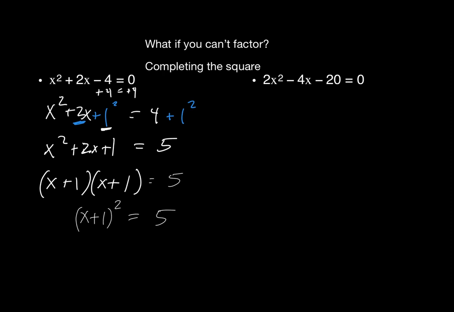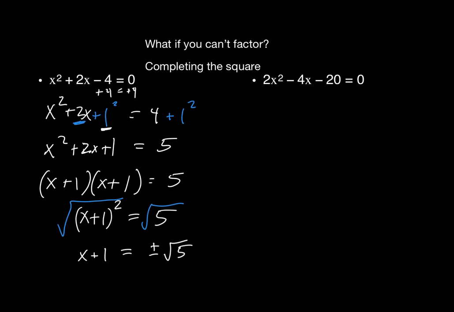If I want to solve for x, I have to get rid of the square. How do I get rid of the square? I square root both sides. On the left-hand side, the square and the square root are inverse operations, leaving me with x plus 1. On the right-hand side, when I take the square root of something squared, it's plus or minus the square root of 5.